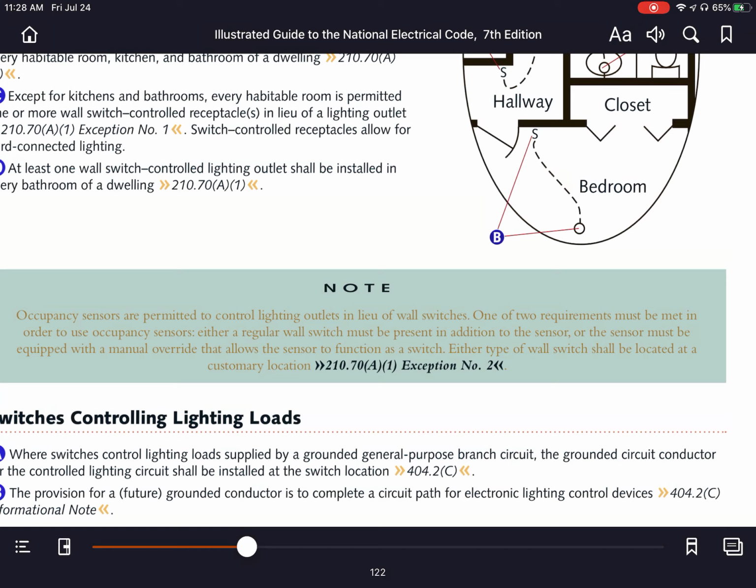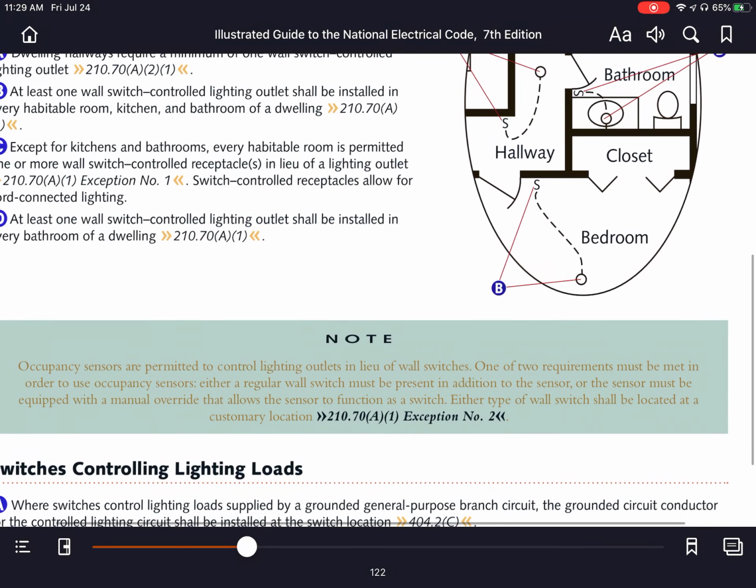That's not a very good thing to do. It's a hazardous thing to do. So the NEC added that a few code cycles ago, that we have to have neutrals at switch locations for occupancy sensors. But what they're saying, if we have an occupancy sensor, it can't be the sole means to turn that light on and off. You need to either have an additional manual switch or some sort of override, which if you look at occupancy sensors, if you buy one, you'll see that they actually have a switch where you can turn them on and off on there as well.